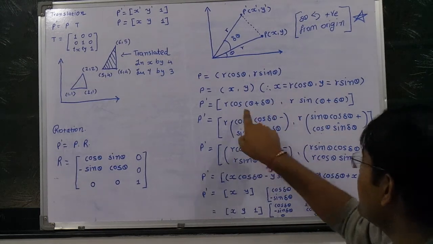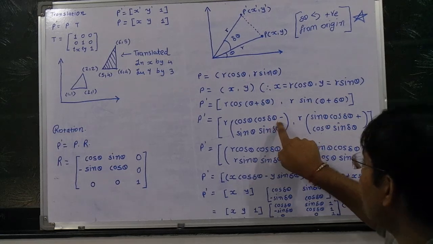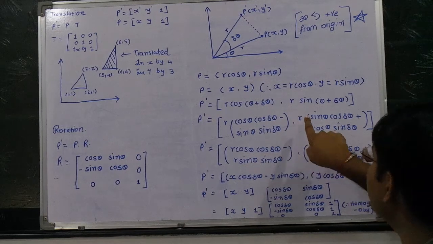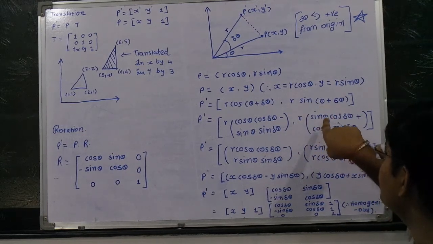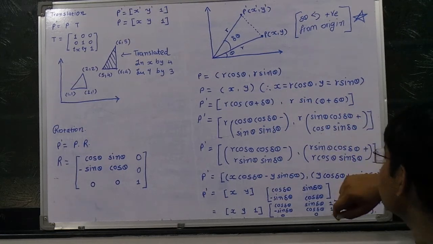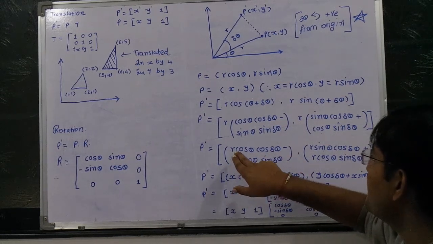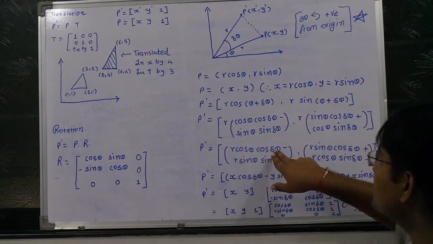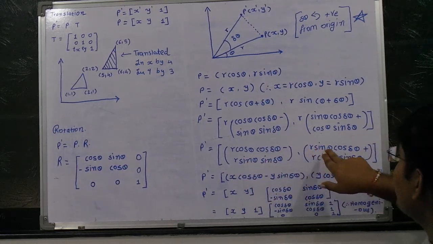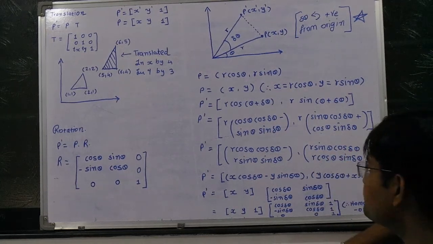That mathematical formulation gives cos theta cos delta theta minus sin theta sin delta theta, r remains the same, and sin of theta plus delta theta is sin theta cos delta theta plus cos theta sin delta theta. Putting r inside the bracket, it becomes r cos theta cos delta theta minus r sin theta sin delta theta, and r sin theta cos delta theta plus r cos theta sin delta theta.